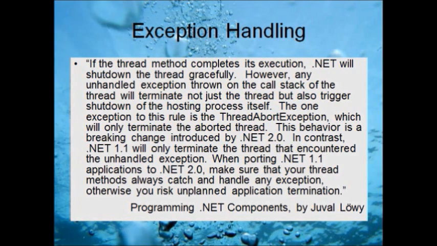This behavior is a breaking change introduced by .NET 2.0. In contrast, .NET 1.1 will only terminate the thread that encountered the unhandled exception. When porting .NET 1.1 applications to .NET 2.0, make sure that your thread method always catches and handles any exception. Otherwise, you'll risk unplanned application termination.